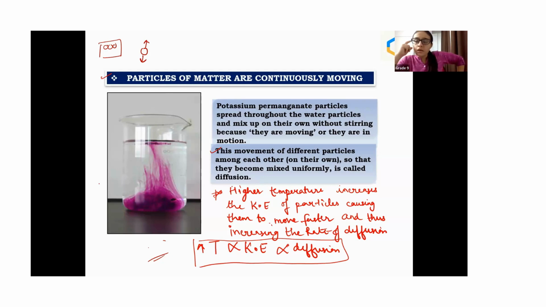Now, who will tell me? I am saying higher the temperature. How can we make the temperature go high? What does that mean? What is referred to as higher temperature?